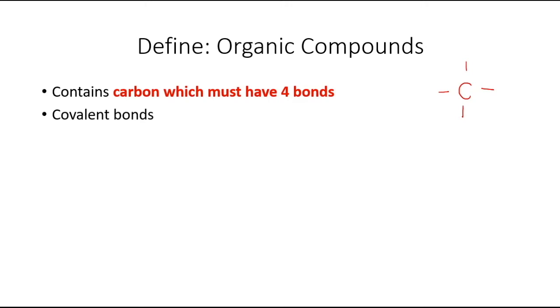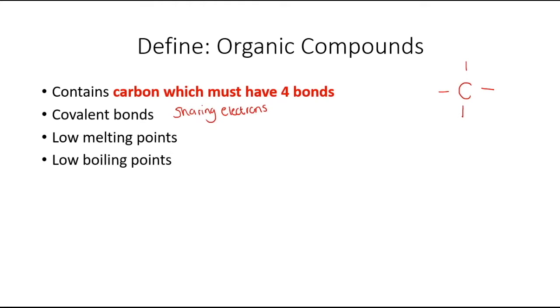Organic compounds will have some covalent bonds present. Remember, when we talk about covalent bonds, it's the whole idea that you're sharing electrons. The other thing is that a lot of the time they have low melting points and low boiling points as well. They're not very complicated compounds.